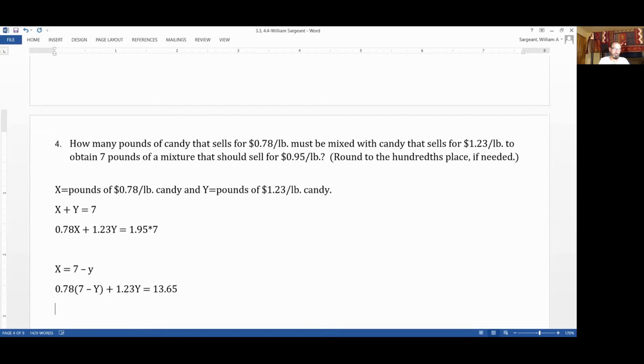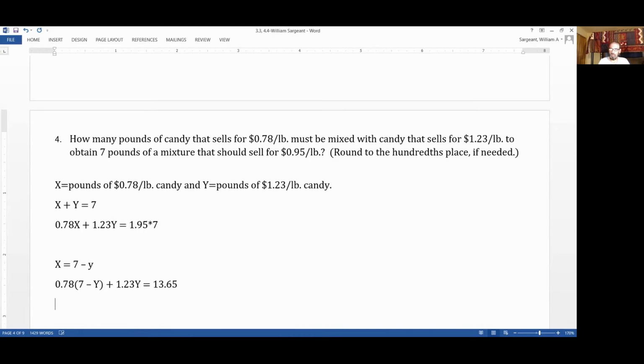A lot of times people forget to do that multiplication on the right-hand side as well, but it applies to all three terms. Price per pound times number of pounds equals price.